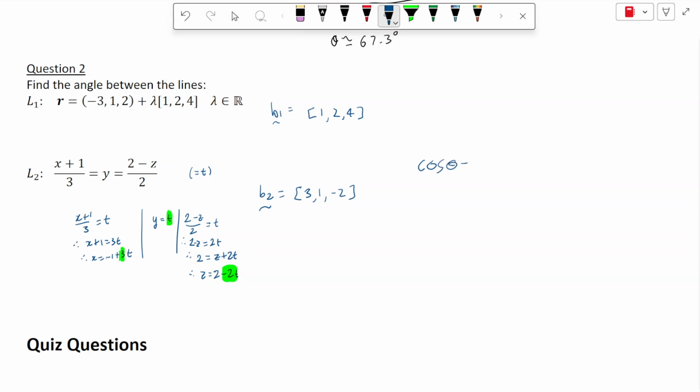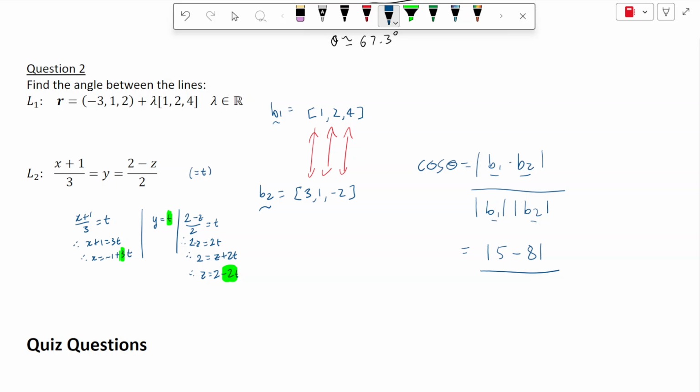And now all we need to do is apply that formula. So cos of theta is going to be b1 dot b2 mod it over the mods of the individual bits. Now the dot product, it's going to be 1 times 3, 2 times 1, and 4 times 2. So that's going to be 5 take 8.